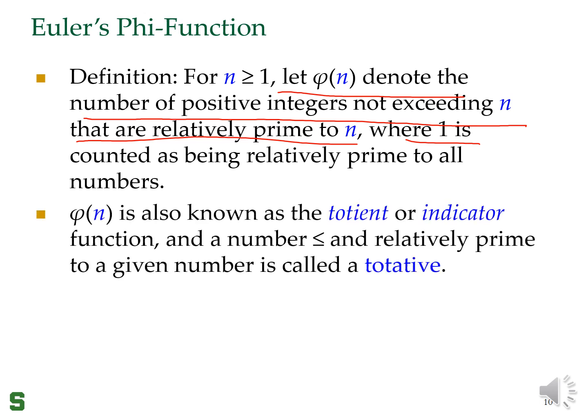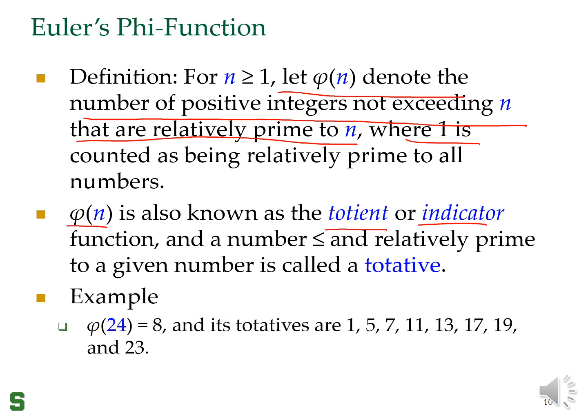So let's look at an example. By the way, before I get to the example, phi of n is known as the totient or the indicator function. This is the total number of numbers that are relatively prime to the given number.